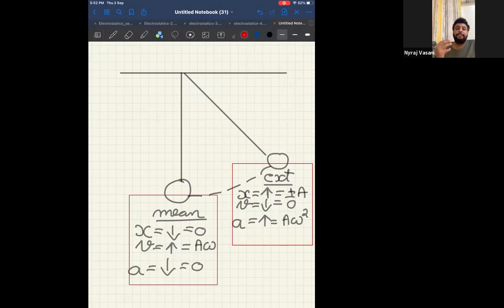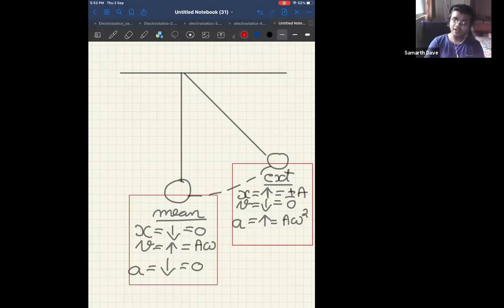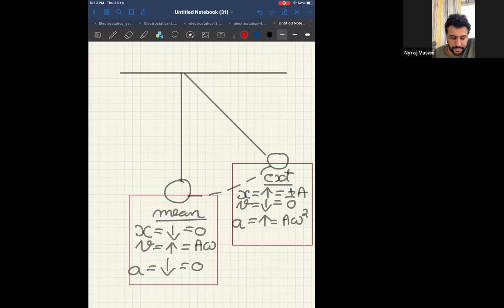What is displacement at extreme? Displacement at extreme is maximum, plus or minus A, where A stands for amplitude. I want properly packaged answers. Okay, good. Sir, the acceleration at extreme would be plus minus A omega square, right? Yes. Plus or minus is like your choice. You can put it anywhere you want.